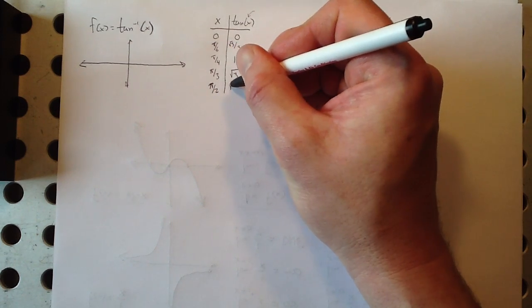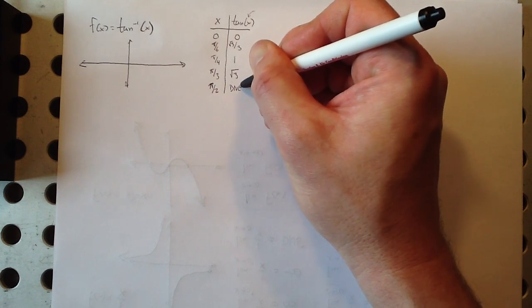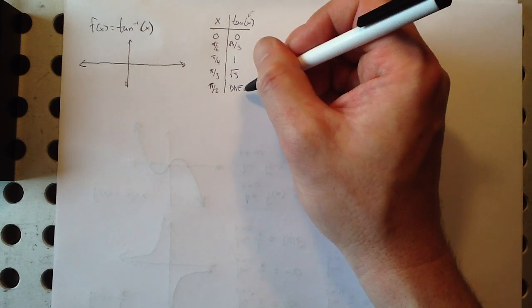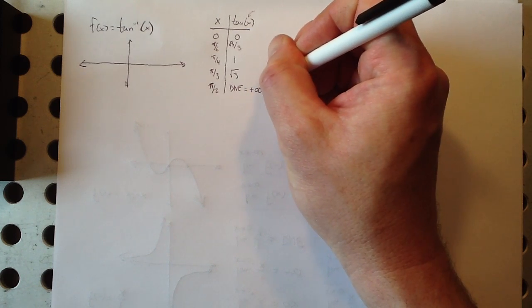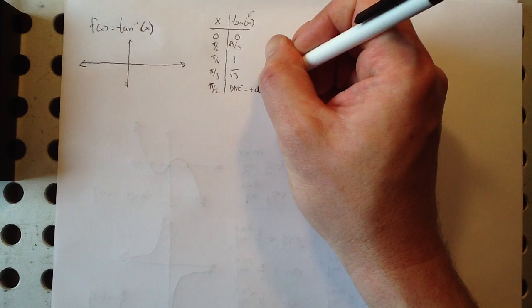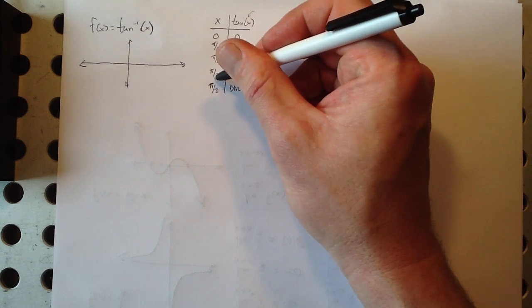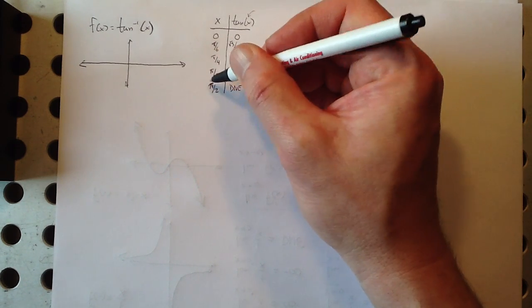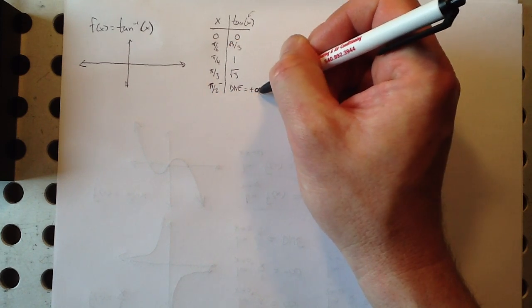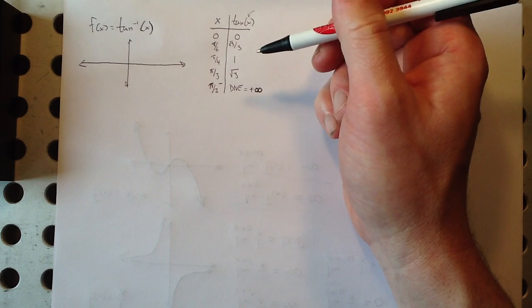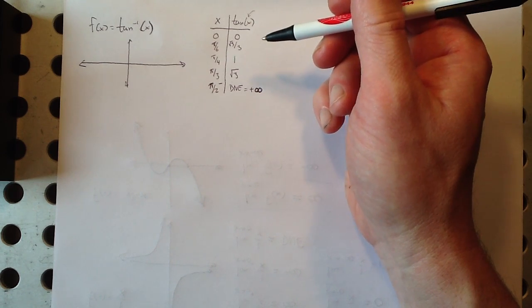So you get does not exist. It seems like it's trying to go to positive infinity there. Right? It's a positive 1 on the top. And as you sneak up on pi over 2, as long as you're approaching it from underneath, then it seems like it's trying to be positive infinity. Right?